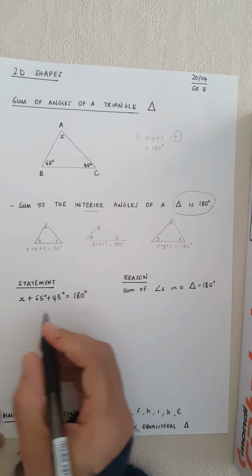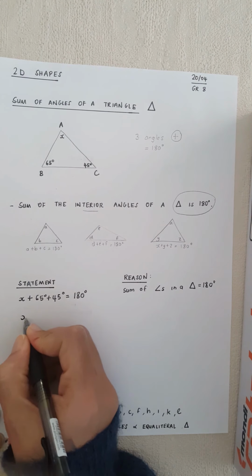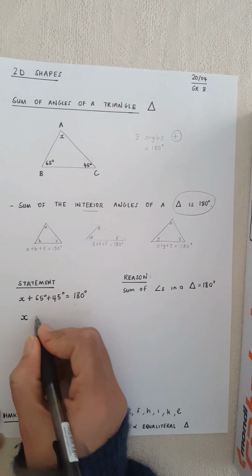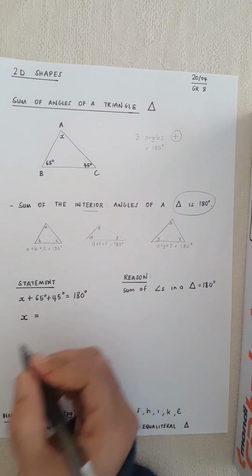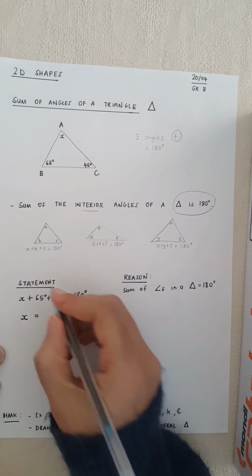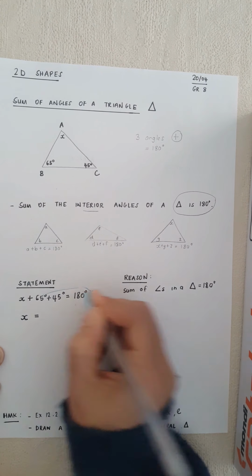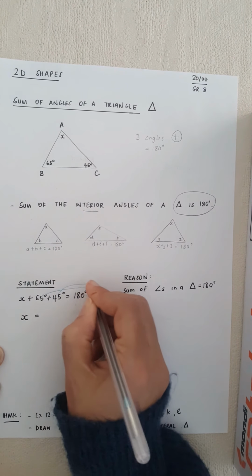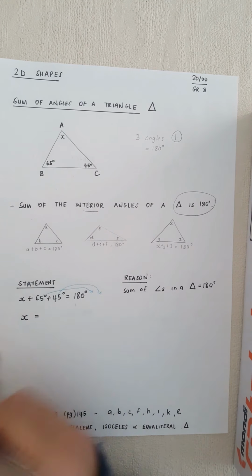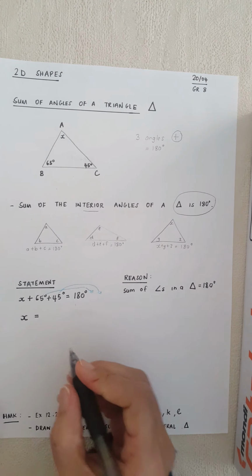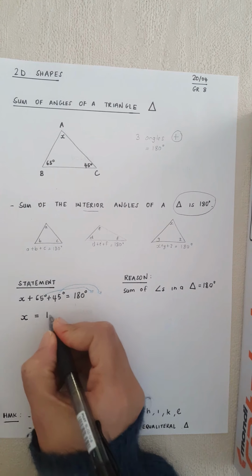So how are we going to solve this? Same as how we did our equations. We're going to leave the x on one side and I'm going to take my 65 and put it on that side, and I'm going to take my 45 and put it on that side. And what do I need to do if I'm changing the side? Yes, I need to change the sign.